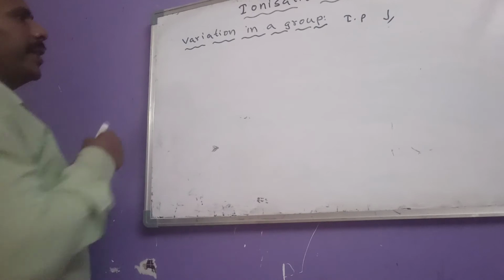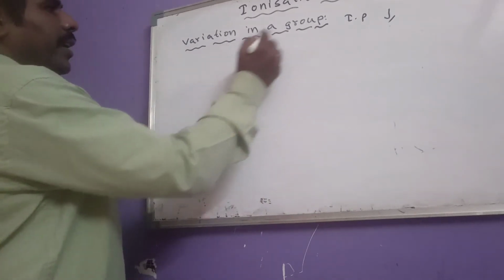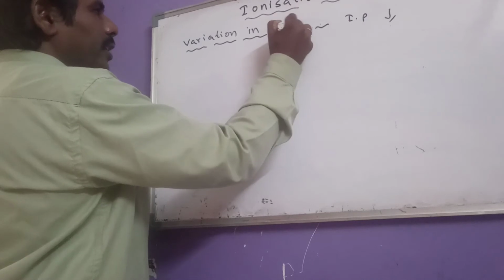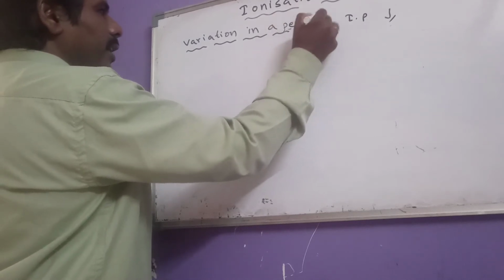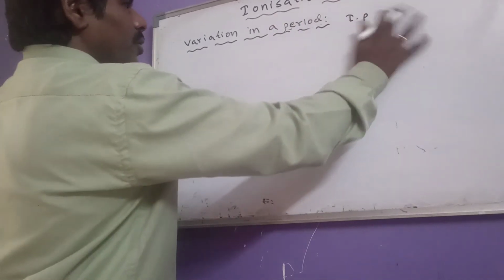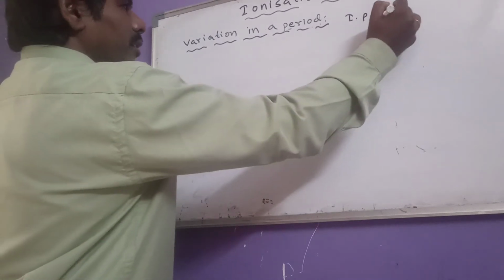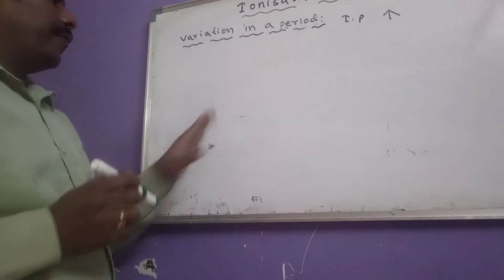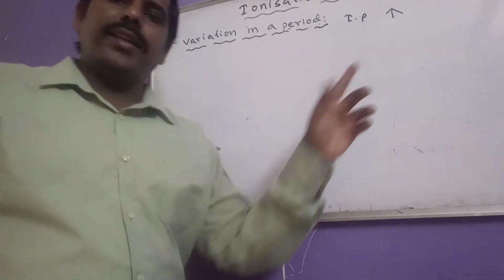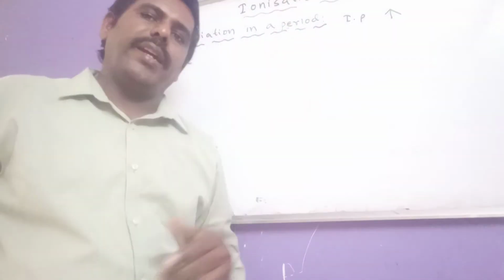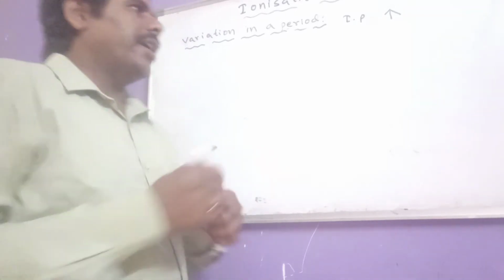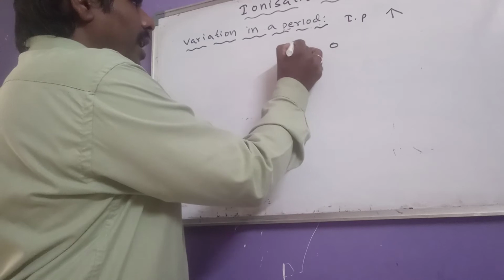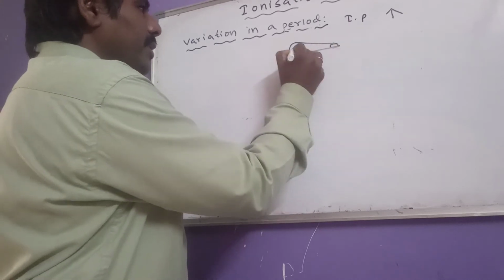Now let us see variation in a period. In a period from left to right, what happens to ionization potential? Contrary to the variation in a group, in a period from left to right, ionization potential increases. Why? Because in a period from left to right, atomic size decreases.